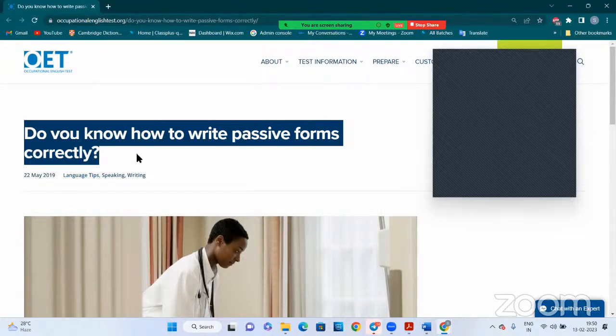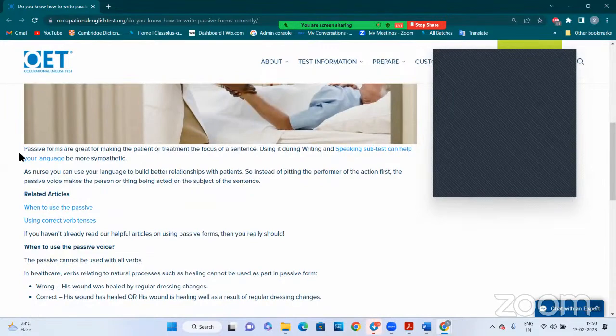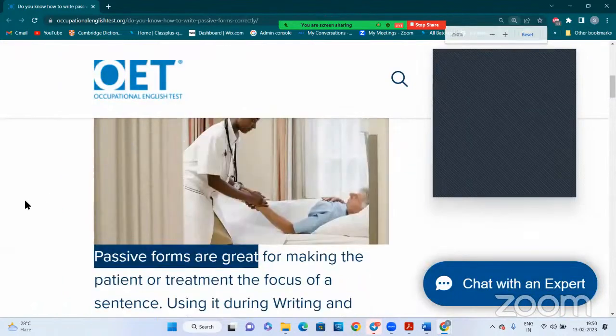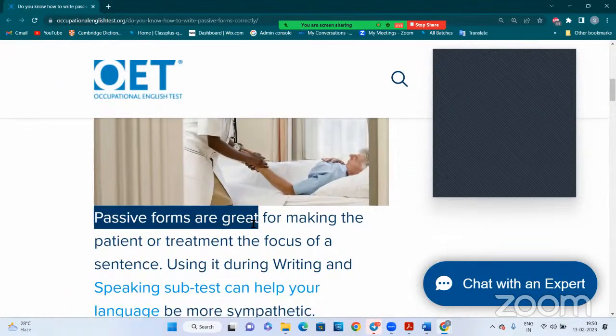This is the heading. Now see here, passive forms are great. That means active forms are not great for making the patient or treatment the focus of the sentence.